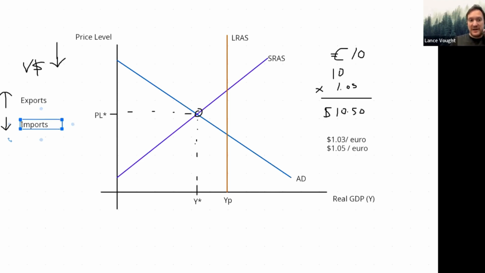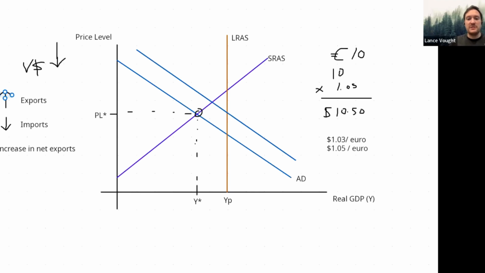So if the positive value is getting bigger and the negative value is getting smaller, then the net change is that there's going to be an increase in net exports. And if there's an increase in net exports, we visualize that by shifting the aggregate demand curve to the right. And this is if the value of the dollar decreases, not increases. If it increased, it would be the opposite.